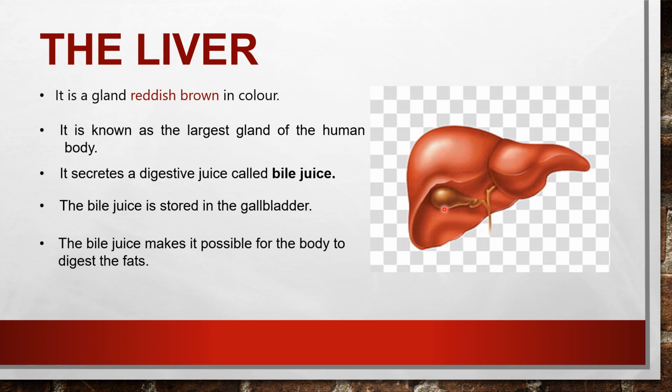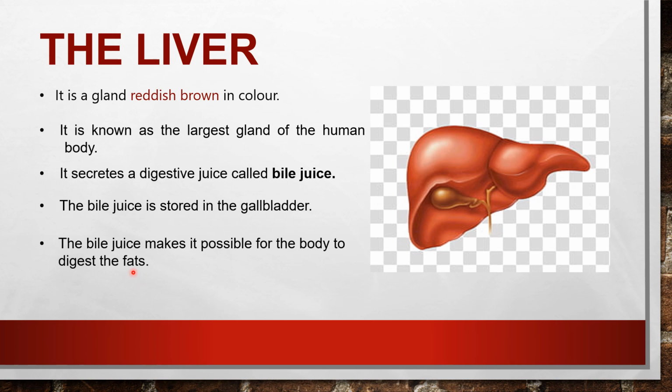When it is necessary, the liver takes bile juice from this gallbladder. The bile juice makes it possible for the body to digest fats. So these are the functions of the liver.